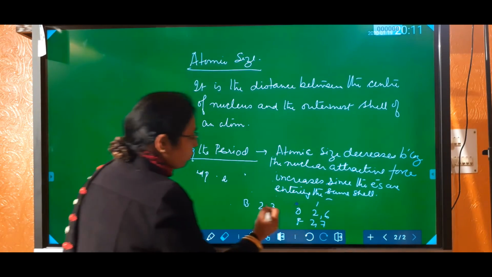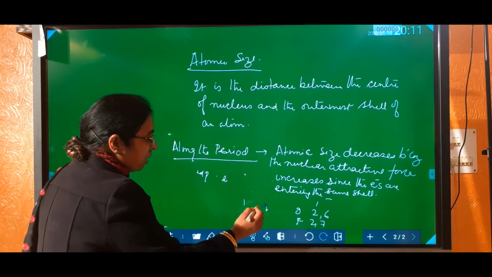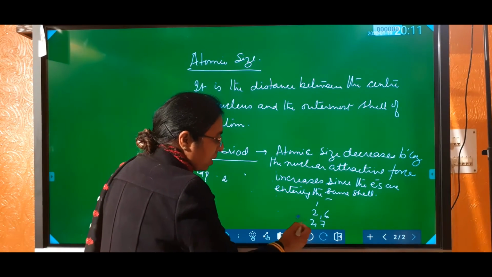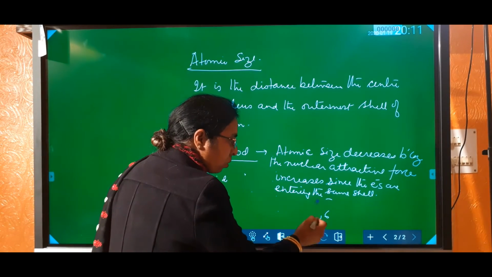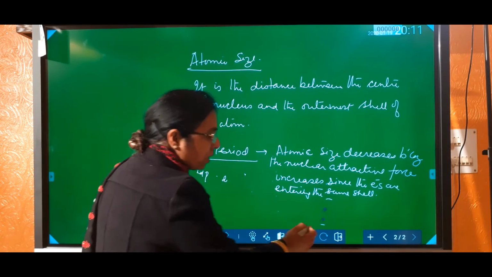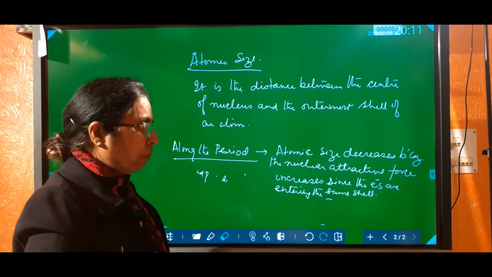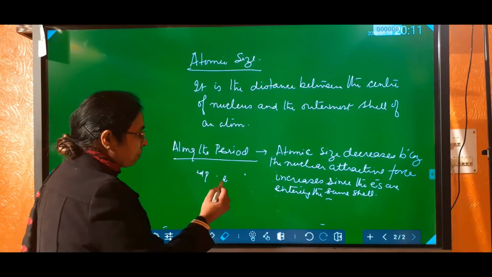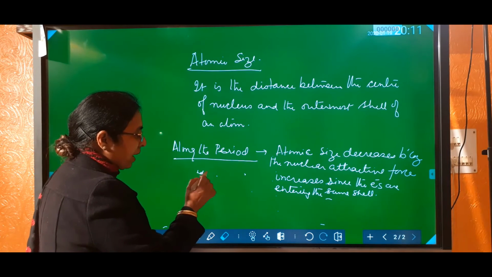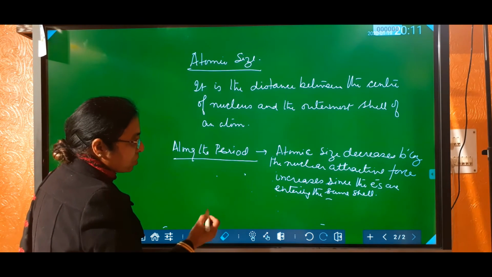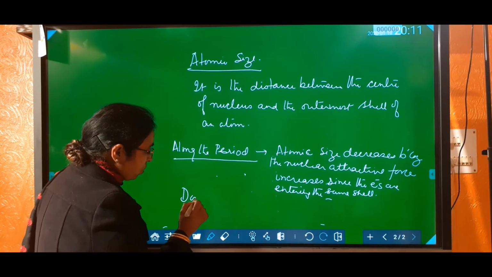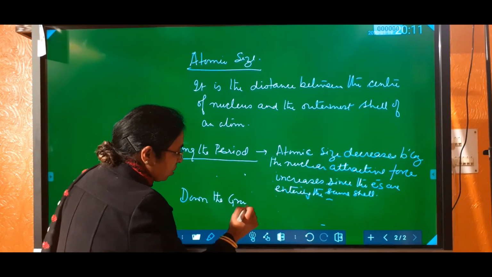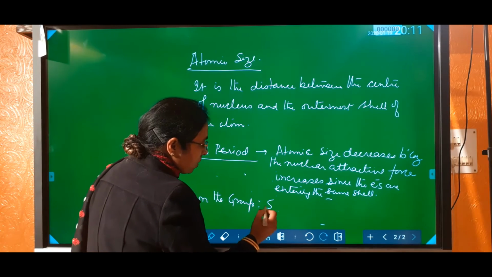Now, down the group, what will happen? Down the group, every time one new shell is being added. Although the nucleus is becoming stronger, since a new shell is being added, the size will increase down the group.